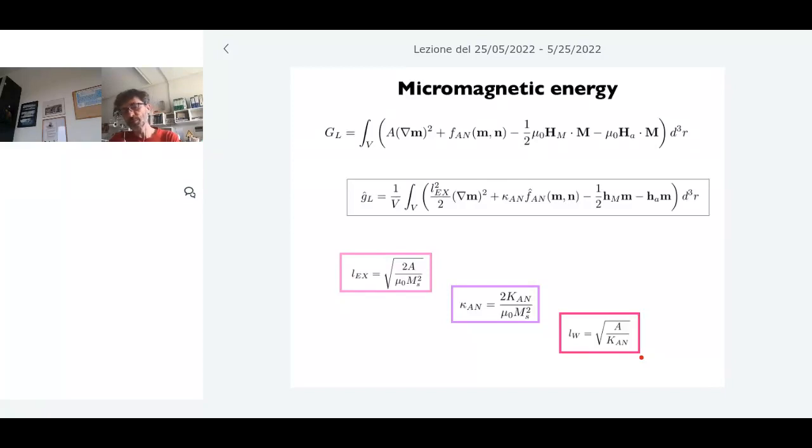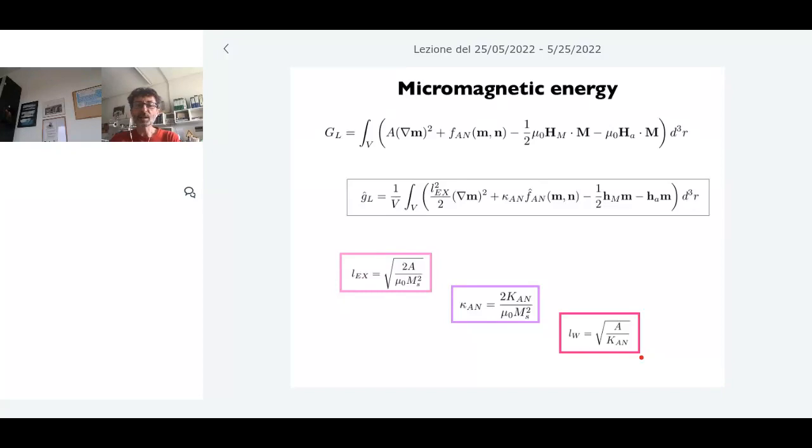So, as you see, associate mu0 Ms squared to magnetostatic, K anisotropy to the strength of anisotropy, A to the strength of exchange, and then you find that there are three main energy terms that are competing. These are the three that tell us if we have large domains, small domains, soft magnetic material, hard magnetic materials.